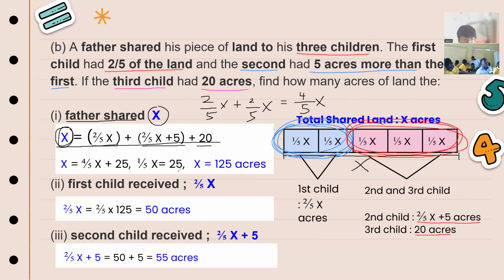And plus, we had 5 plus 20, which is 25. And this whole thing is equal to x. Everything should be equal to x. Can we solve this algebraic equation together? How do we solve this?